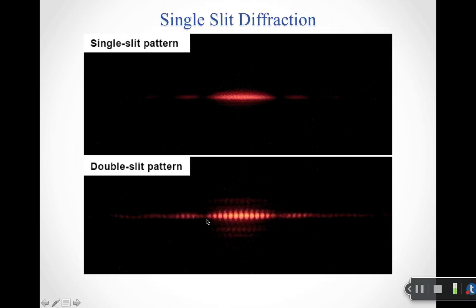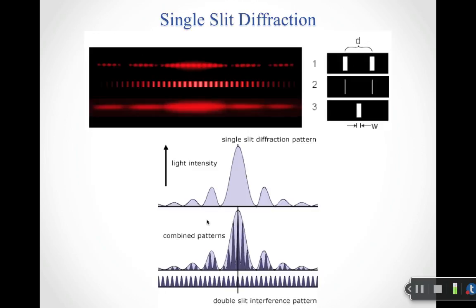There are 3 ways that you can see what's going on in dealing with slits. One is you can have a single slit with width, and you get your diffraction pattern. I can have 2 slits, and depending on how wide I make the slits, it'll be easier or harder to see the diffraction pattern. If I have a relatively wide slit, the diffraction pattern is easy to see.